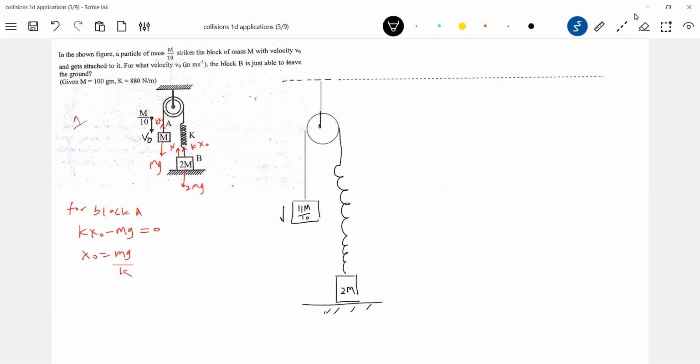So this will have combined velocity, say v. So the spring is still elongated. How much spring force will act here? Kx naught.